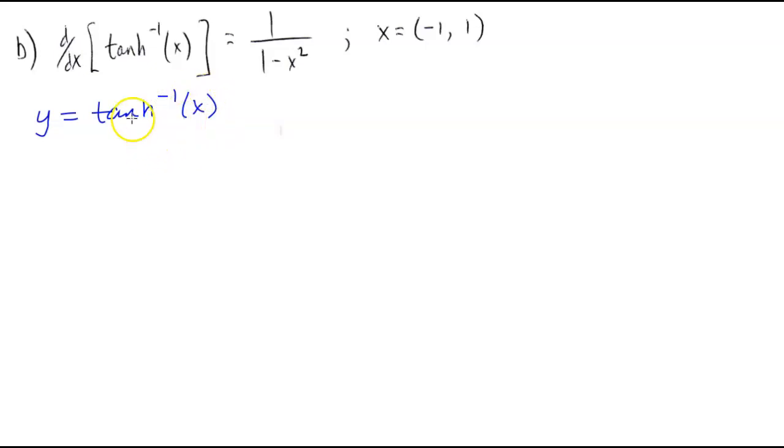If I'm following all the rules for inverses, I take the tangent hyperbolic of both sides, and I'll have tangent hyperbolic of y equal to tangent hyperbolic of tangent hyperbolic inverse of x. That will just simplify to x, assuming that the domain of tangent hyperbolic inverse is the range for tangent hyperbolic and vice versa.